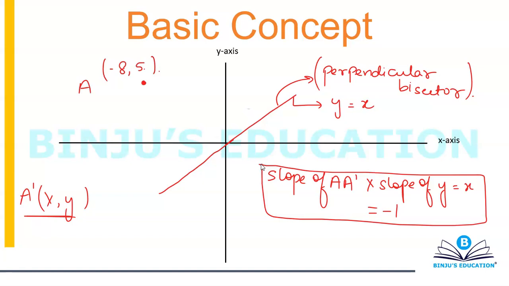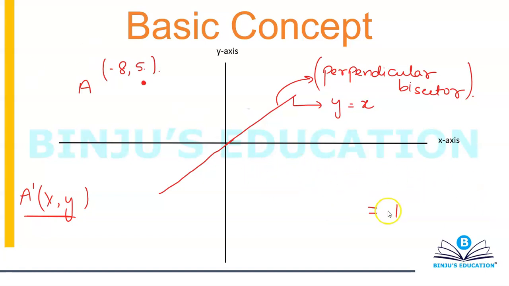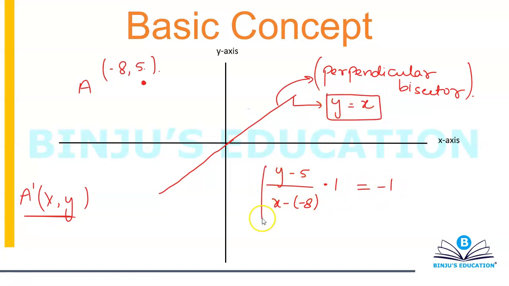So you can write y minus 5 divided by x minus of minus 8, into 1, because the slope of y is equal to x is 1, equal to minus 1. You will get one equation from there.